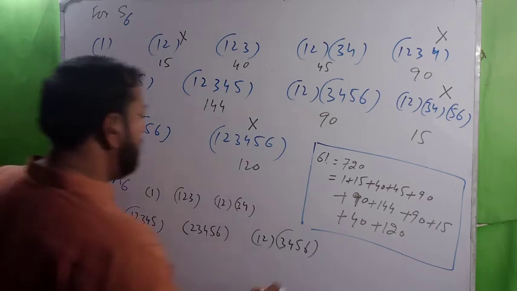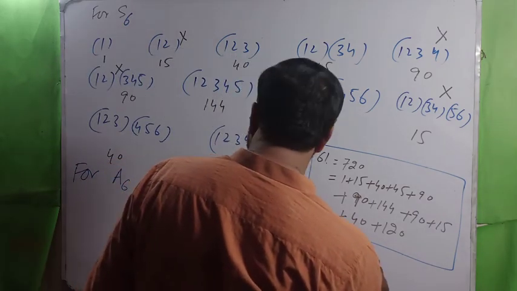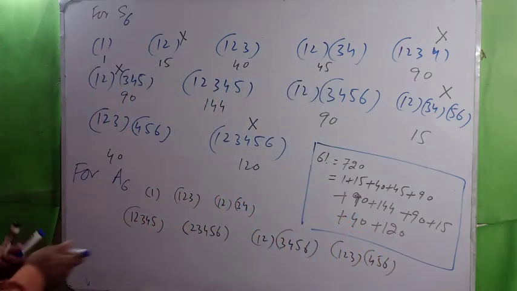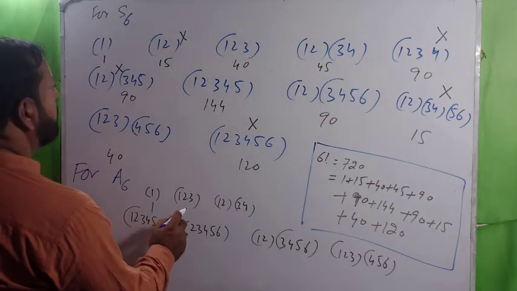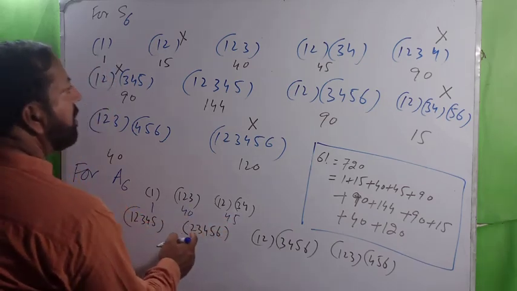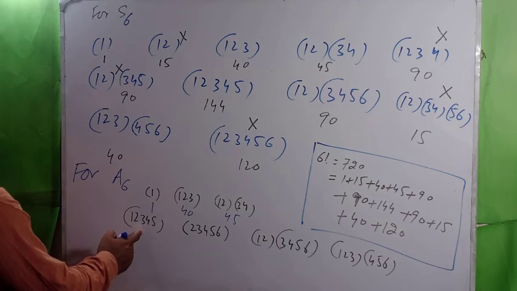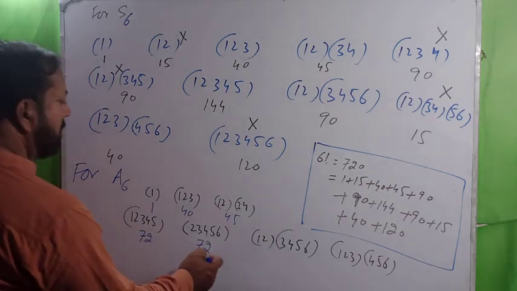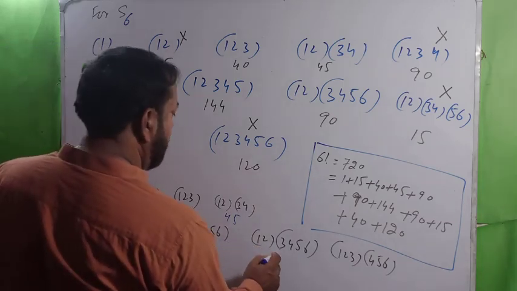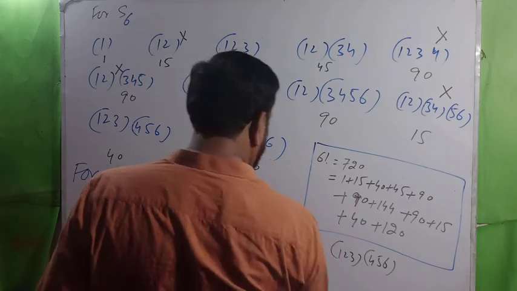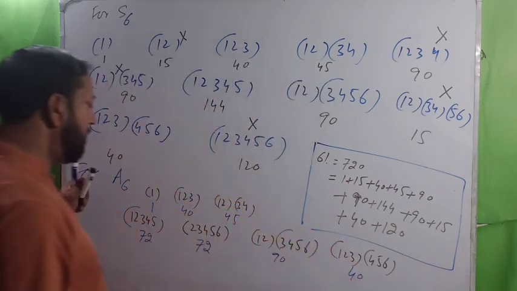Next one is the 3-cycle. This is 1. This is 40. These are 45. And these are 72, and again 72. And these are 90. And these are 40. Yes.